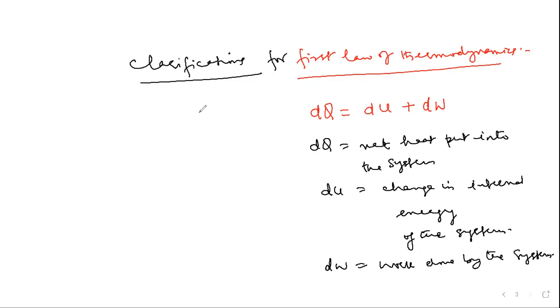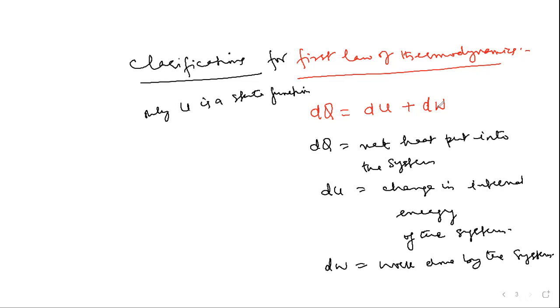And you know, in this first law of thermodynamics, only U is a state function. Heat and work are not state functions, right? This much you know. And we use the convention positive Q means heat put into the system and negative Q means heat rejected by the system.